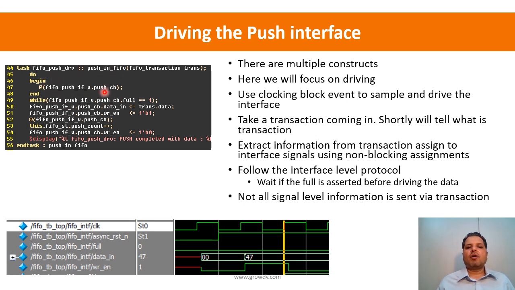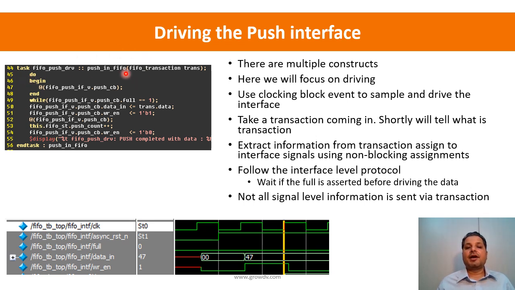The advantage of specifying it this way is that if I change the clocking event to some other clock, or to, let's say, negedge of clock, I don't have to go and change it everywhere. I can just change it over there, and whenever I refer to my clocking block's clocking event, it will implicitly imply the clocking event that is associated with the clocking block.